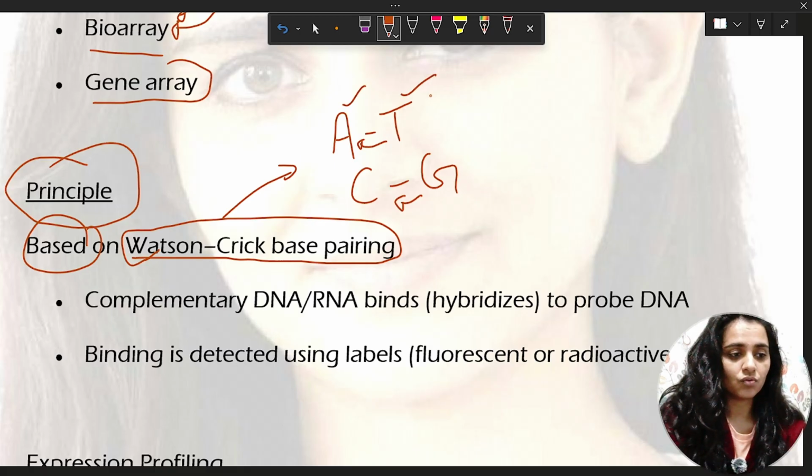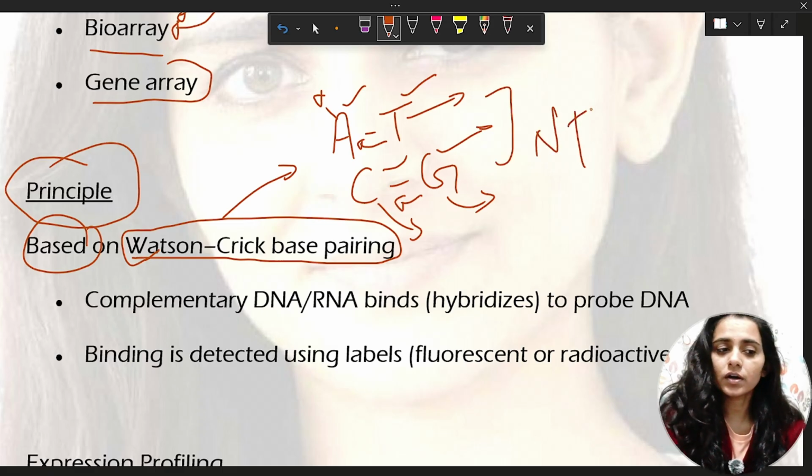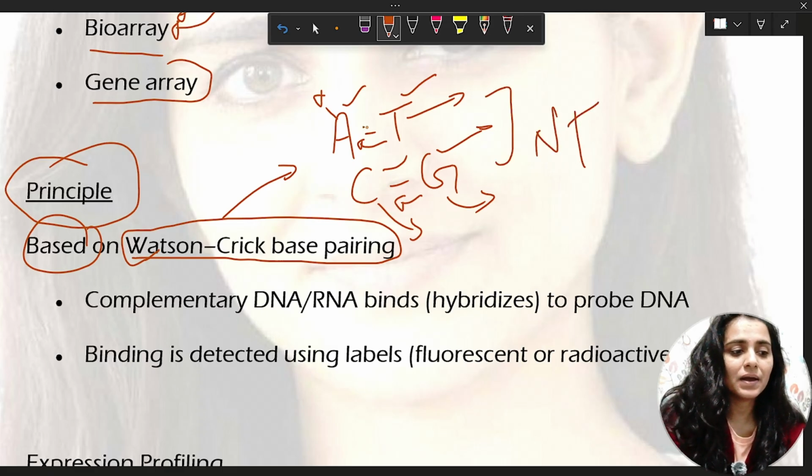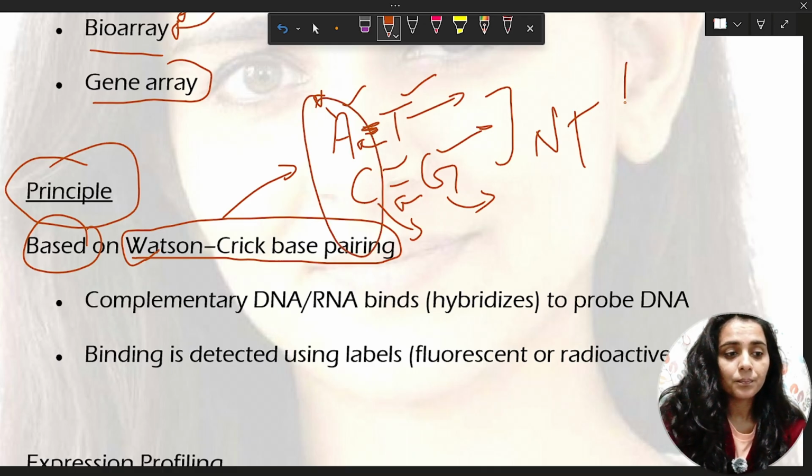What is A? What is T? What is C? What is G? A for adenine, T for thymine, C for cytosine, G for guanine. These are the nucleotides, and they base pair in a particular way between the two types, pyrimidine and purine.